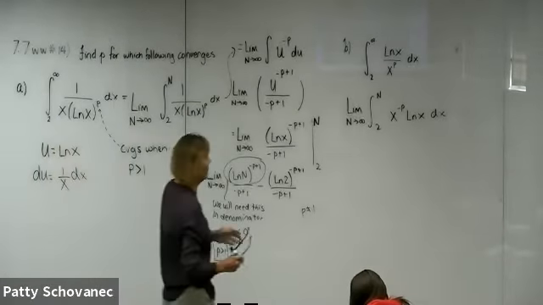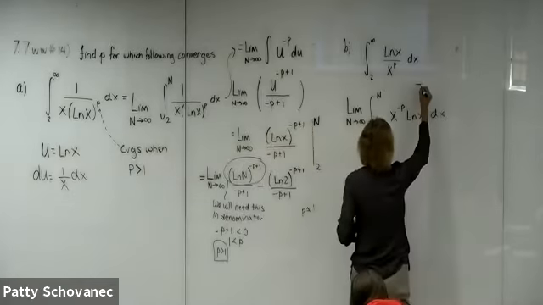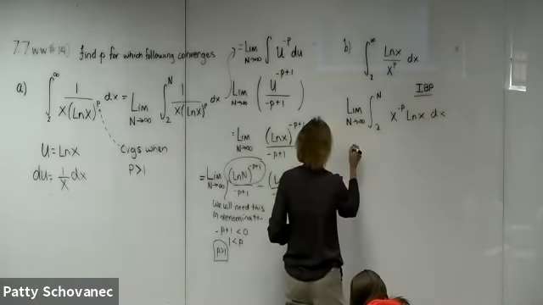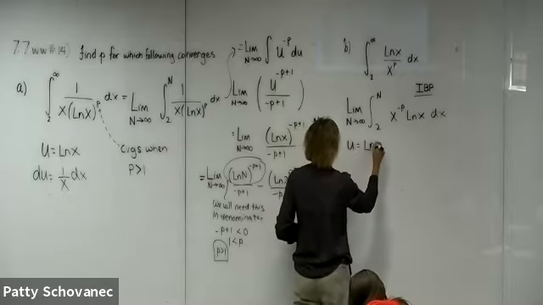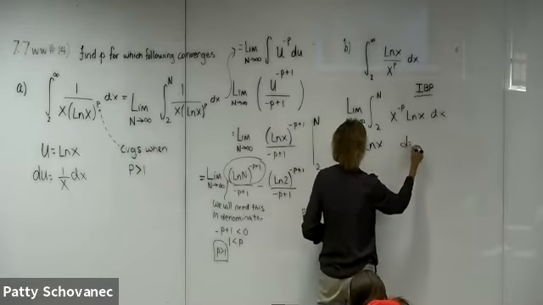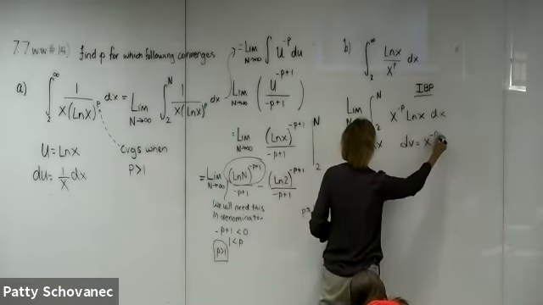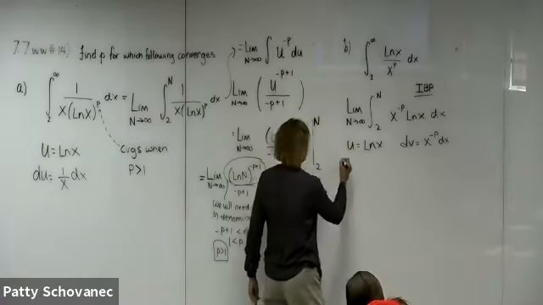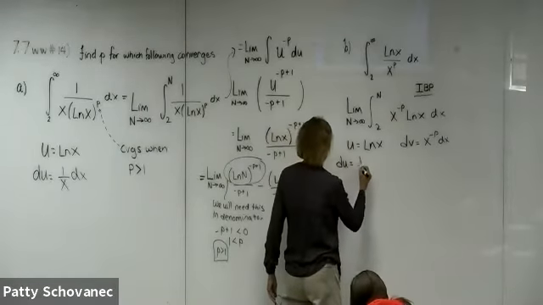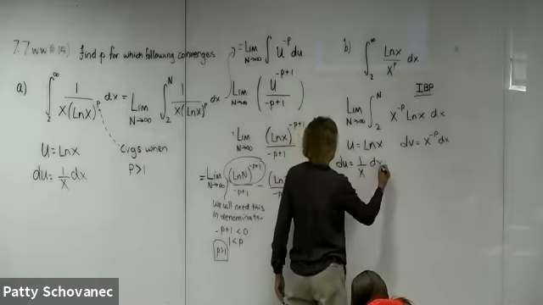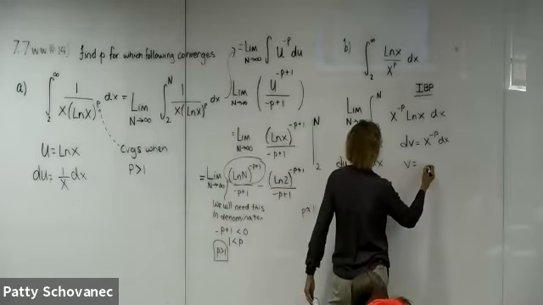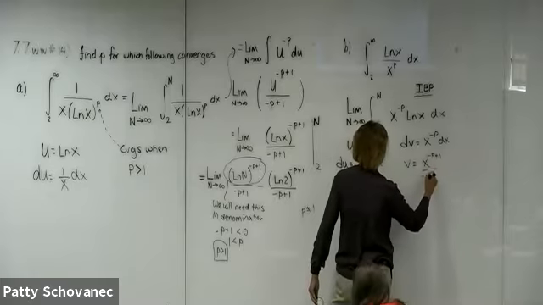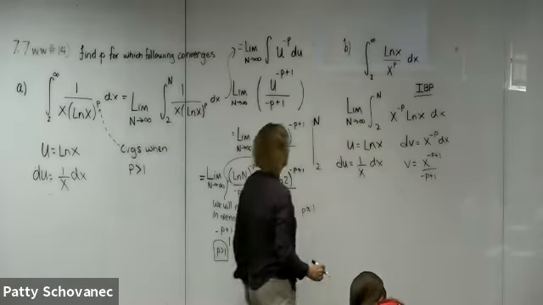u is still the log of x, but we're going to do integration by parts. So du is 1 over x. And now I'm going to integrate this, and I get x to the minus p plus 1 over minus p plus 1.